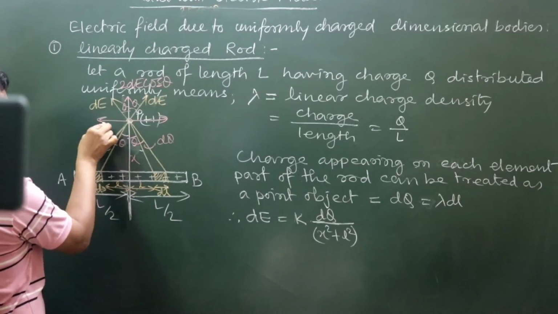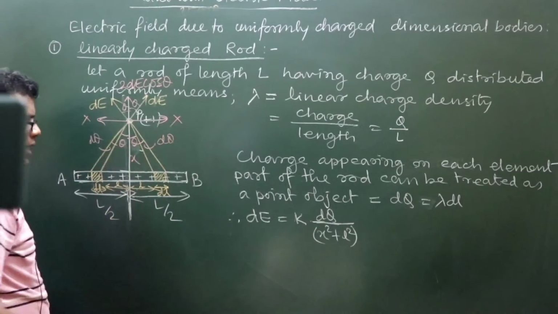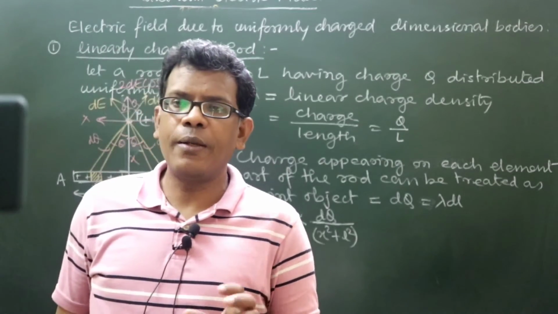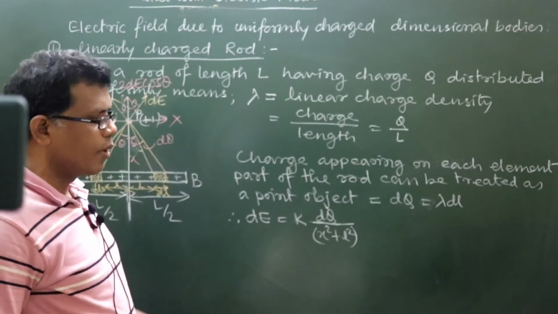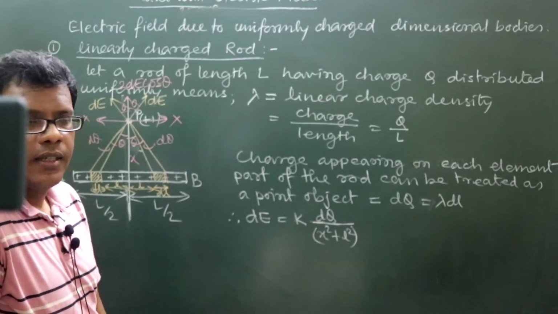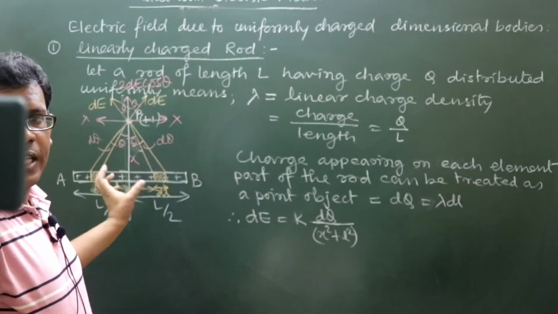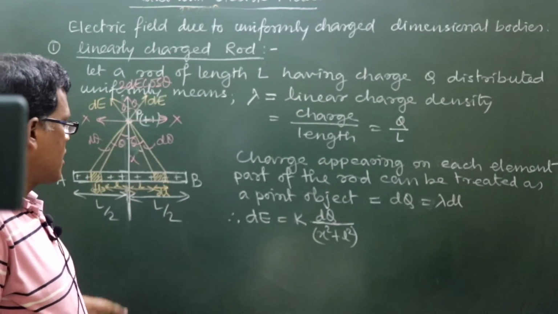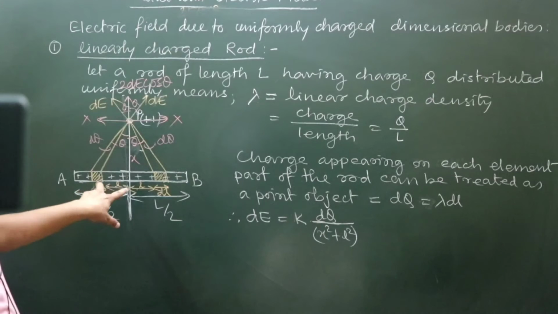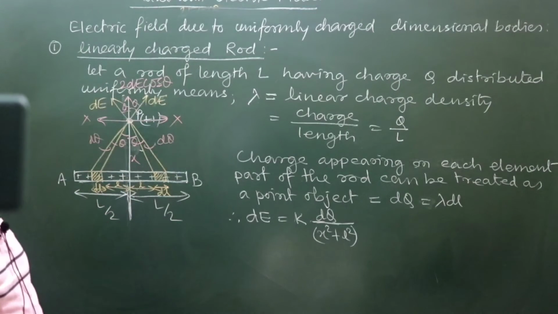Because the dE sin theta components will be getting cancelled out, and it will happen with each and every pair of symmetrical charged elements, isn't it? So that's why for one pair of elements it is 2dE cos theta.